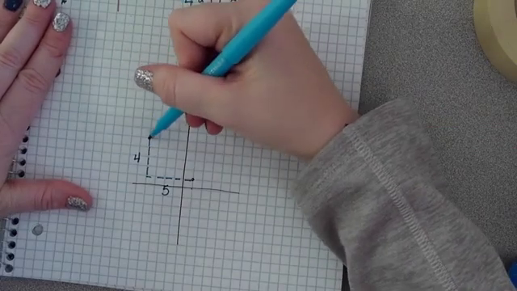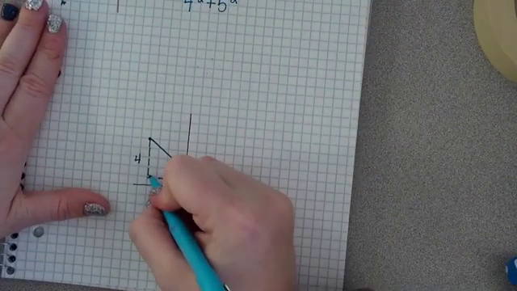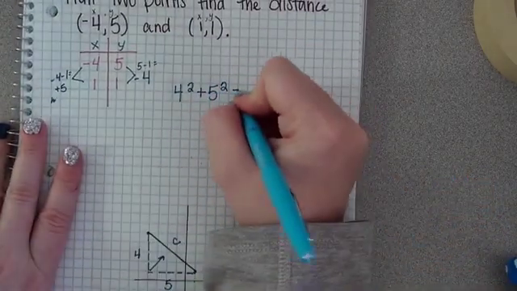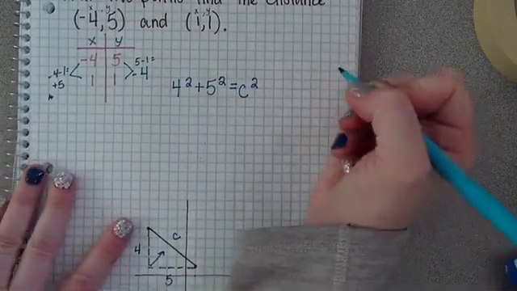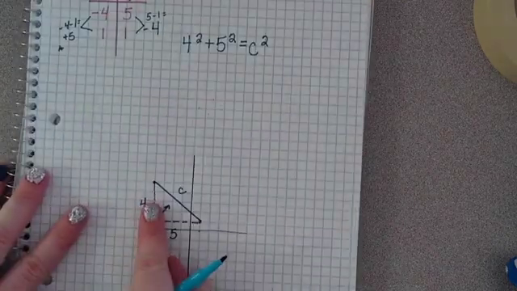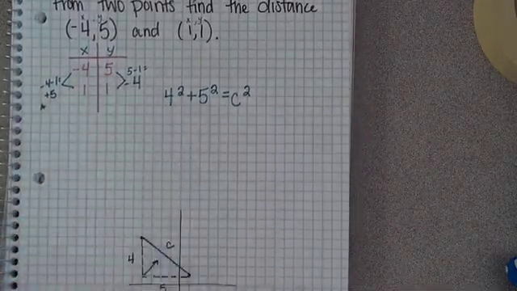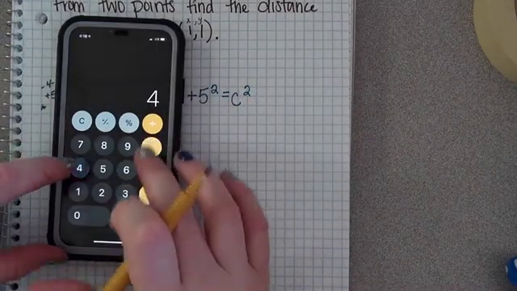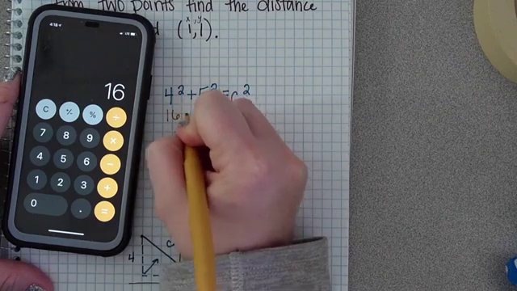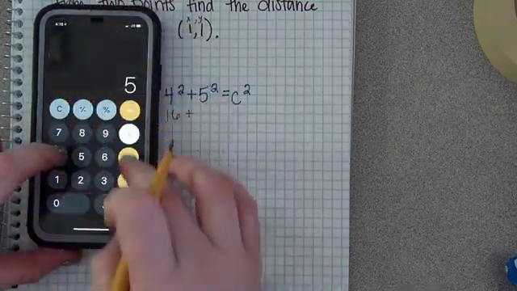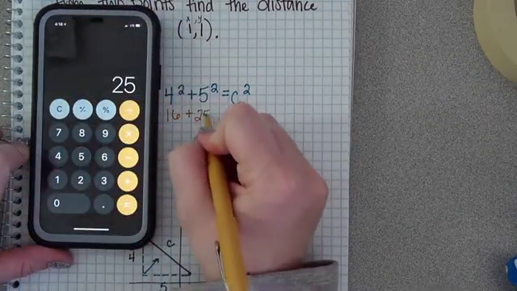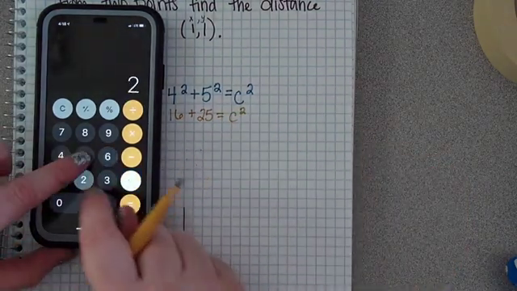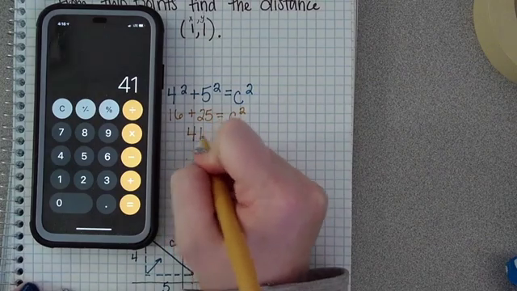Now remember, this distance is our C, or our hypotenuse. So equals C squared. Even though they're points, you can graph them or you can put them in a table. So we're going to do 4 squared. 4 times 4 is 16, plus 5 times 5 is 25, equals C squared. 16 plus 25 is 41.